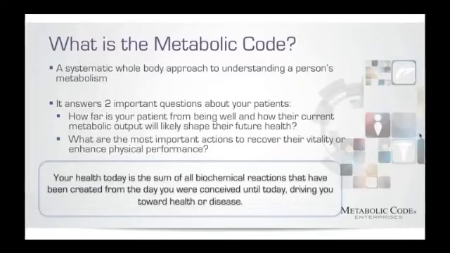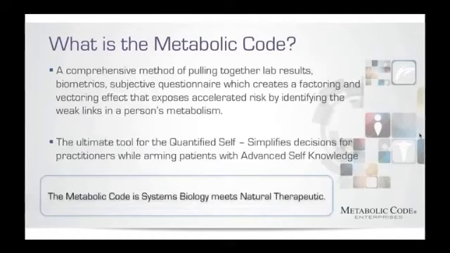And so what are the most important things that they can do to recover that point that they want to get to, their overall perfect vitality, and if they want to enhance physical performance to its optimal level. And part of the system is based upon the philosophy and the belief that your health is a sum of everything that's happened to you since the day you were conceived, and that's your metabolic code.